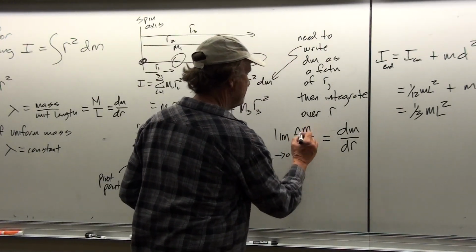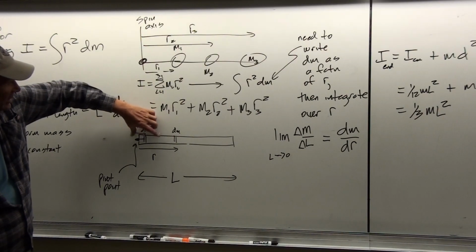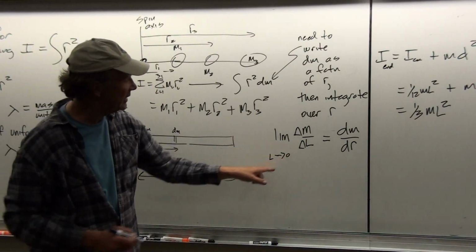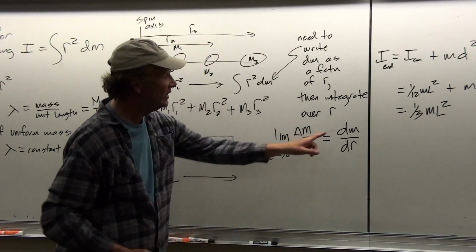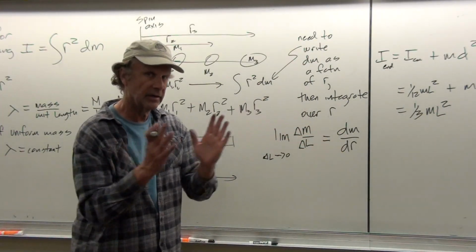And delta M is that part of the mass that corresponds to delta L. And the limit as delta L goes to 0, we just end up, by our definition for the derivative, being dm dl. So it goes all the way down.